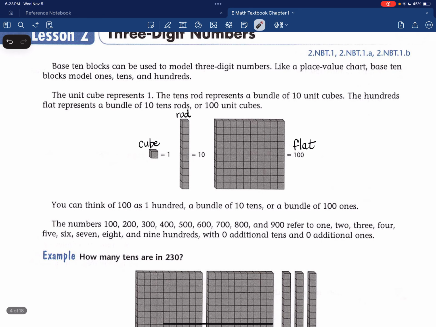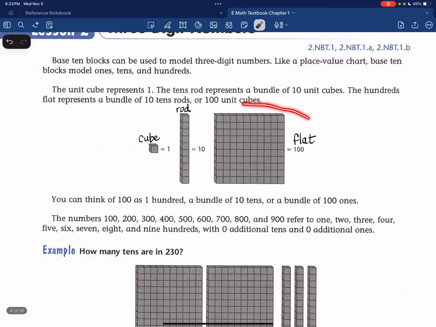You can think of 100 as a bundle of 10 tens, or a bundle of 100 ones.